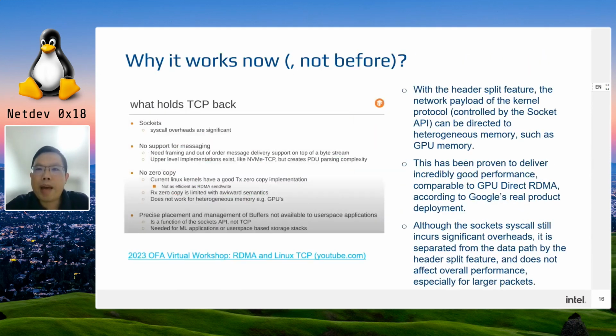People may wonder why this can work so well, and what the difference is. Even at last year's OFA Virtual Workshop, there was a talk about RDMA and the Linux TCP, in which they also discussed the TCP API.